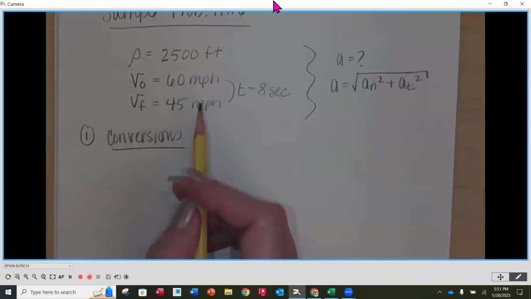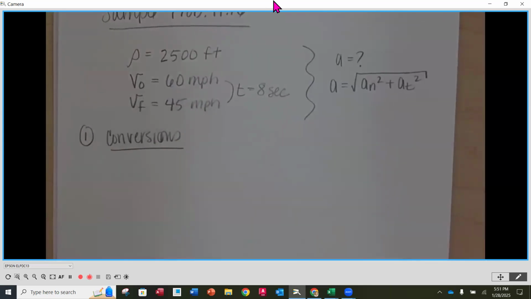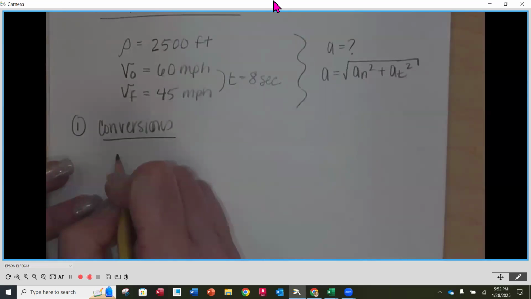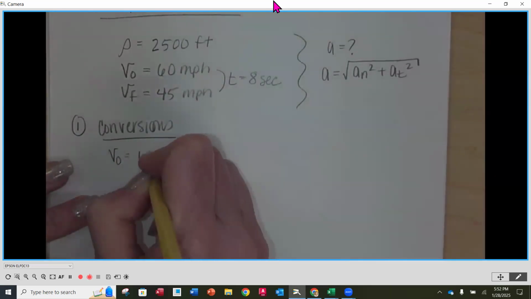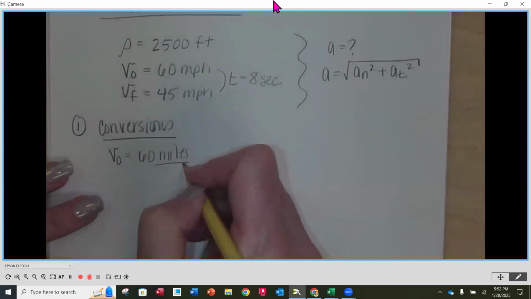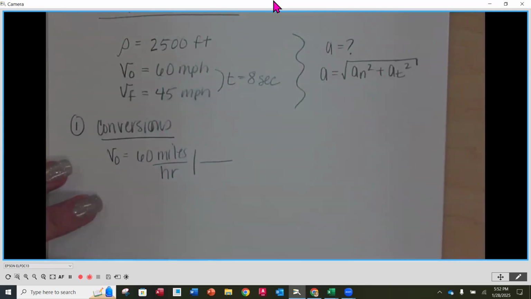So for our first conversion, we're going to take VO and find what 60 miles per hour is in feet per second. So you can go ahead and do that. I'm going to do it on the side here, and we're just going to make sure that we get the very same answer. So my VO is going to be equal to, remember, you want to set this up as 60 miles on top per hour on the bottom. So don't use the slash here, or don't use MPH.